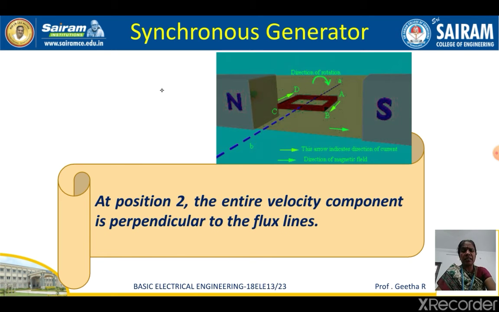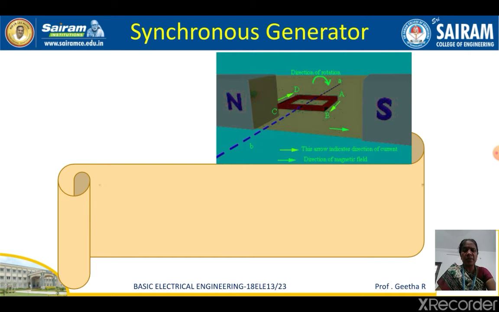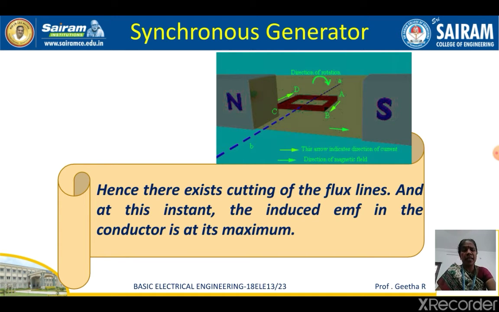When the conductor is at position 2, the entire velocity component is perpendicular to the flux lines, so the maximum change in flux will be there. So there is cutting of flux lines, and at this instant the induced EMF in the conductor is at its maximum.